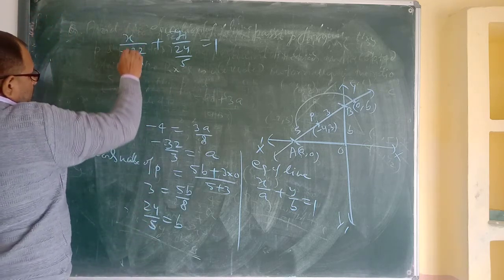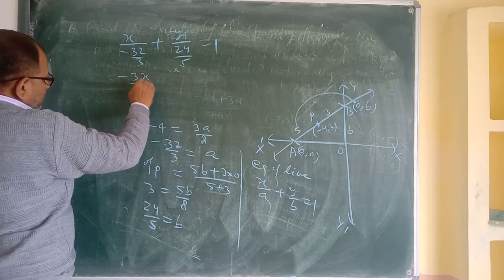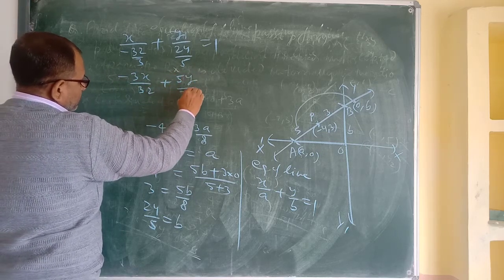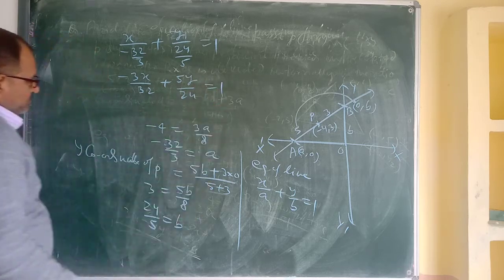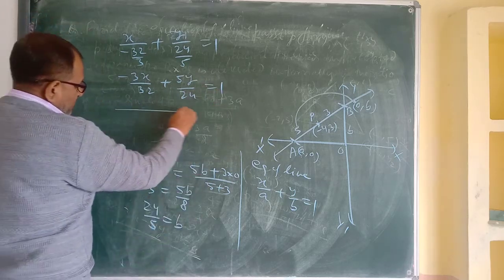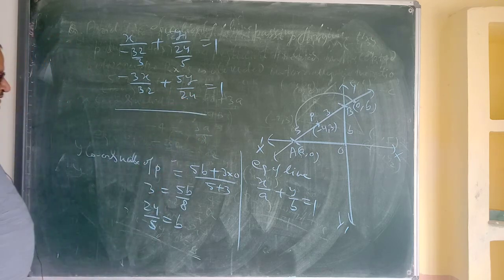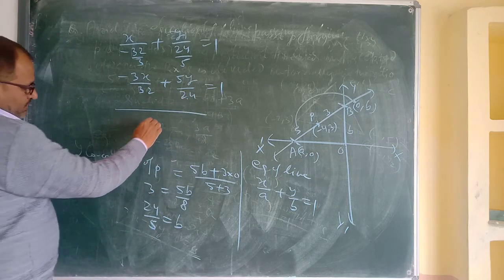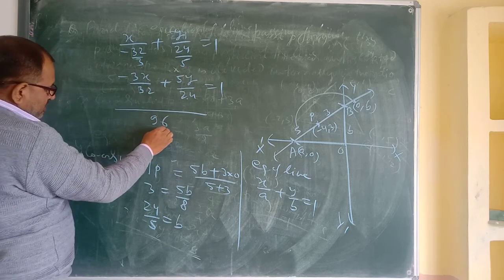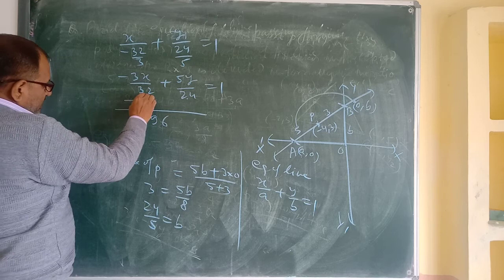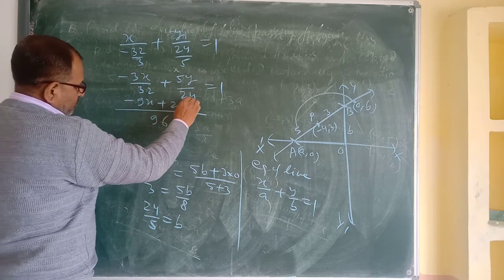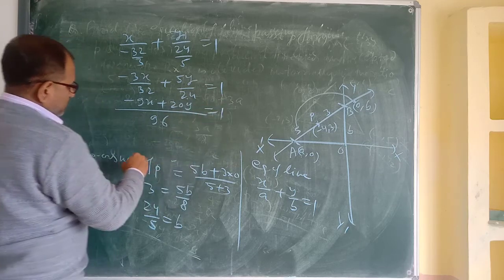So 3 will go with the numerator. We can write minus 3x upon 32 plus 5y upon 24 is equal to 1. LCM of 32 and 24 will be 96. 32 threes are 96, so 3 into 3 is minus 9x. 24 fours are 96, 4 fives are 20y, is equal to 1.